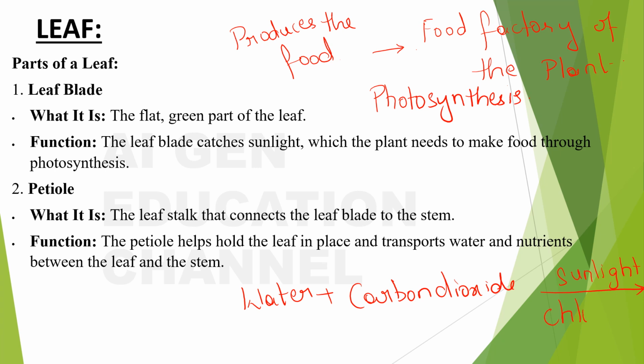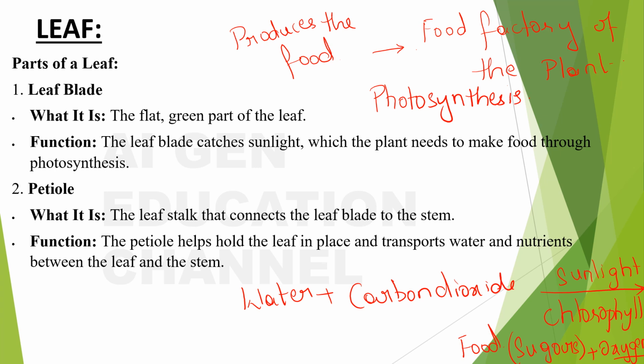What does the plant do with this? It will produce food, in the form of sugars or starch. And for all of us, it gives oxygen. Oxygen is released outside.